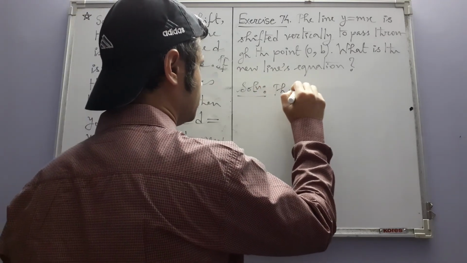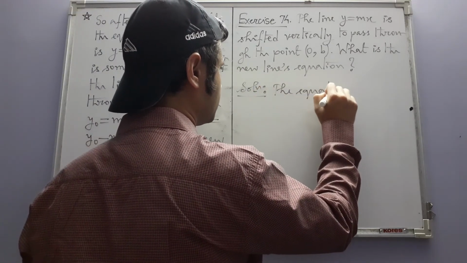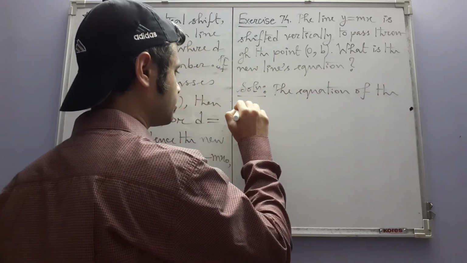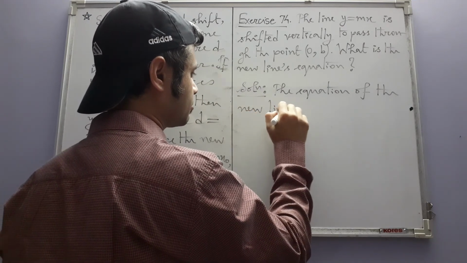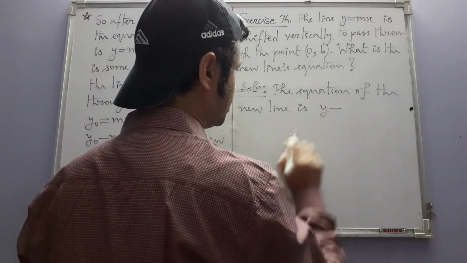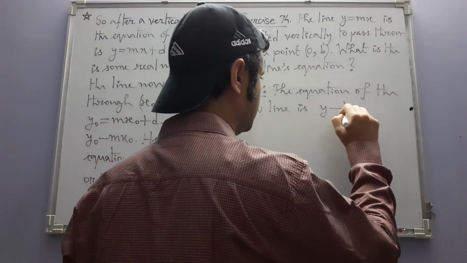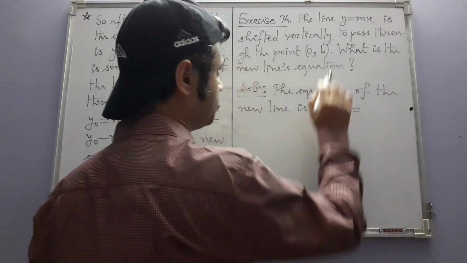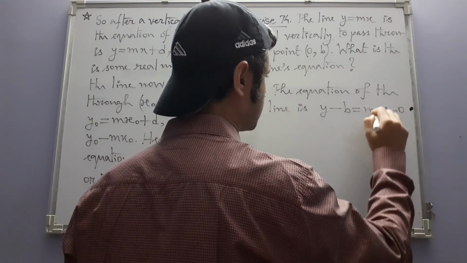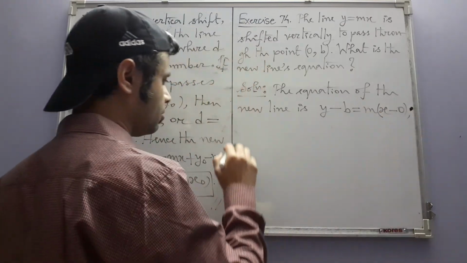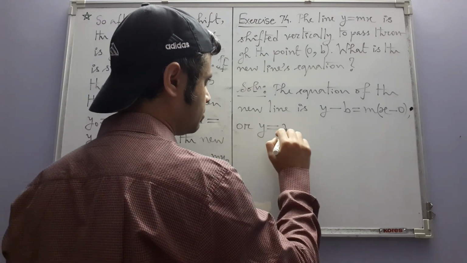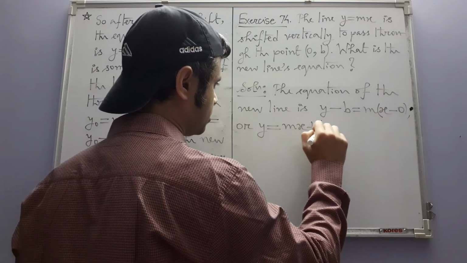The equation of the new line is y minus y naught, y minus b equal to the slope, which is m, times x minus x naught, which is 0, or y equal to mx plus b.